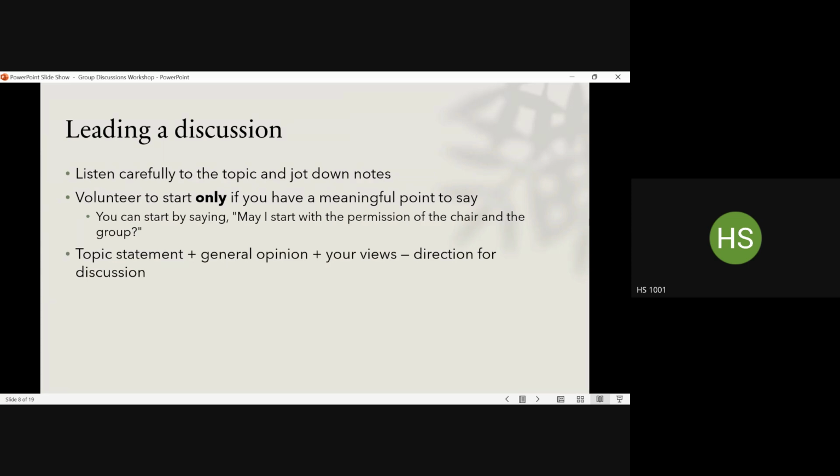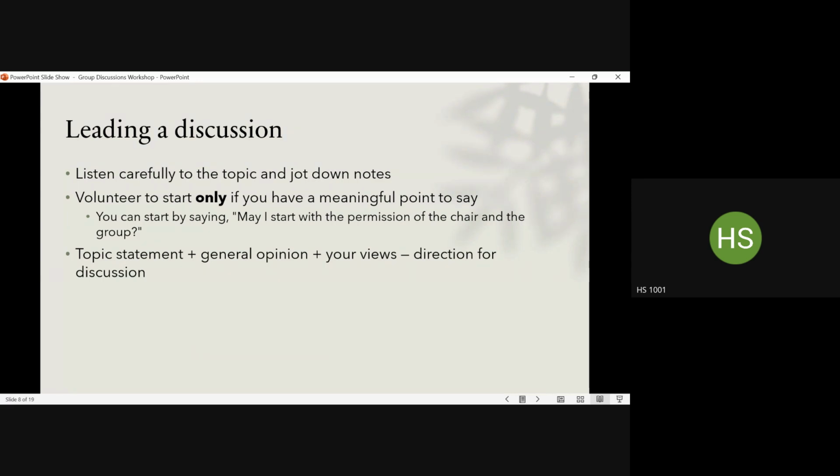Once you begin, you state the topic, and sometimes there can be a general view concerning the topic. And your views might be different from the general view. If that is the case, then you state the general opinion and then you state your views.